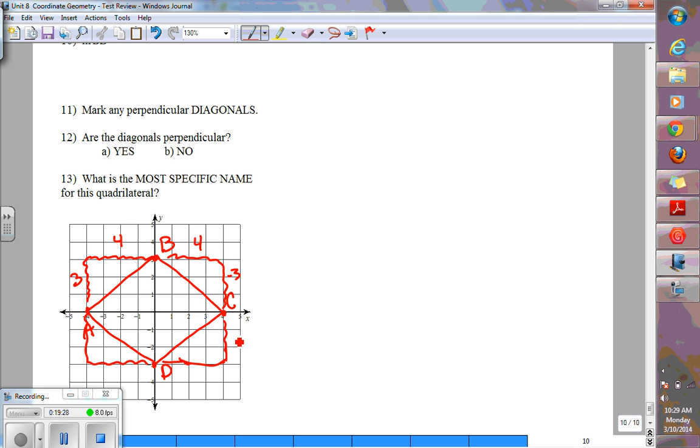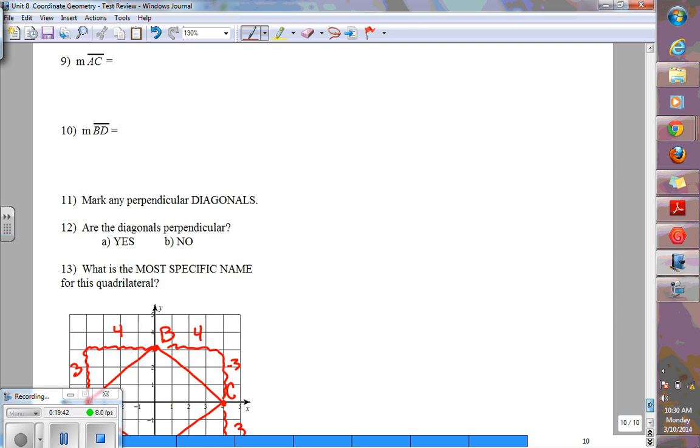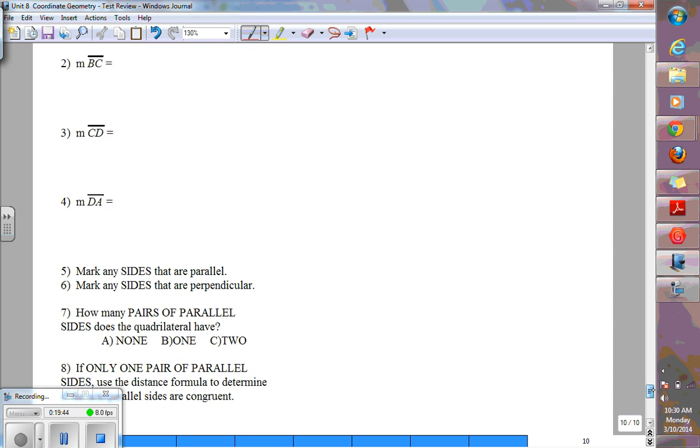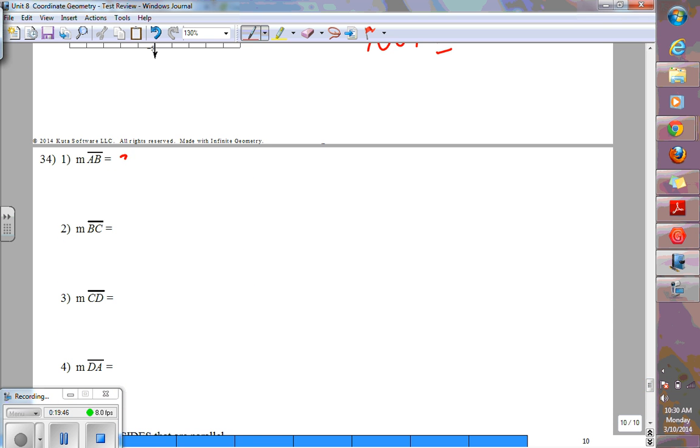My rise is positive 3. My run is positive 4. My rise is negative 3. My run is positive 4. Okay, so we have 3/4, so negative 3/4, 3/4, and negative 3/4.